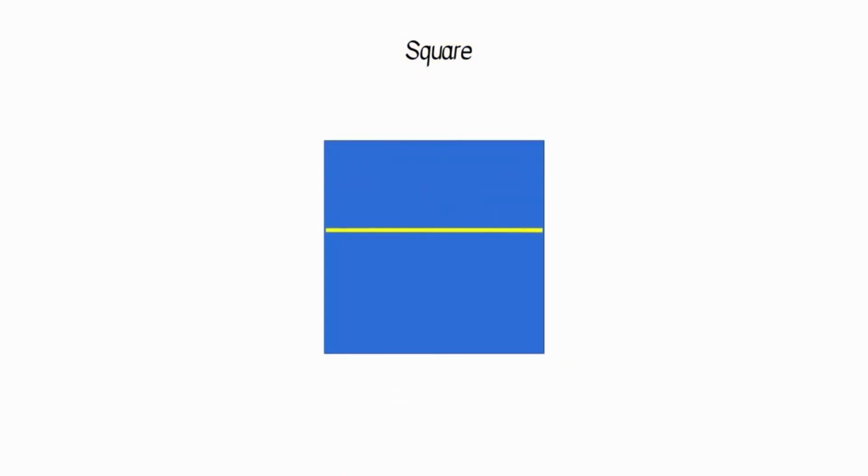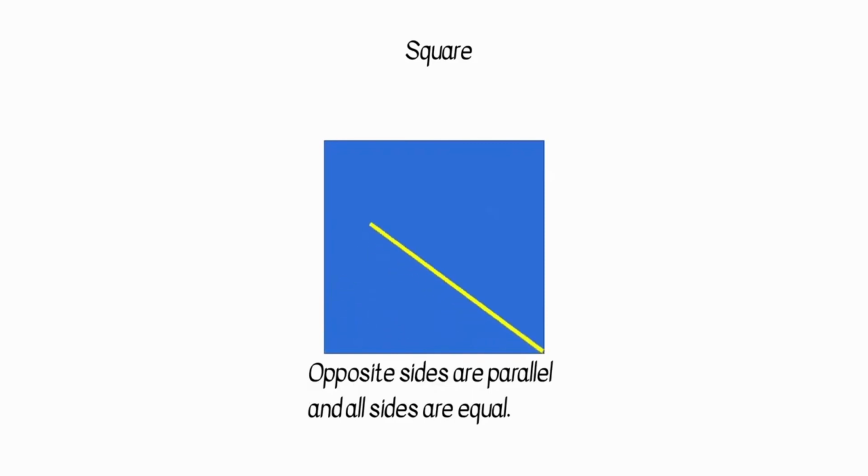In a parallelogram, if all the four sides and all the four angles become equal, what we get is a square. A square is an equilateral and equiangular parallelogram. Opposite sides are parallel, and all four sides are equal.